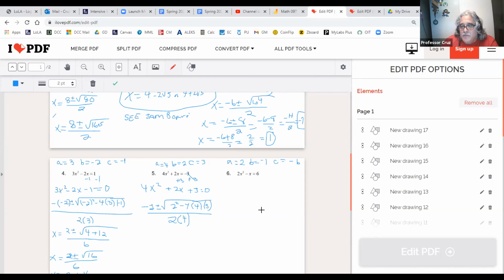All right, so negative B plus or minus the square root of B squared minus 4 times A C, all over 2A.